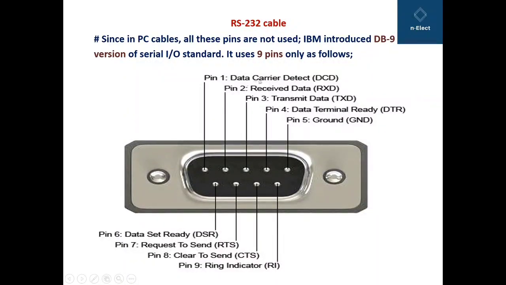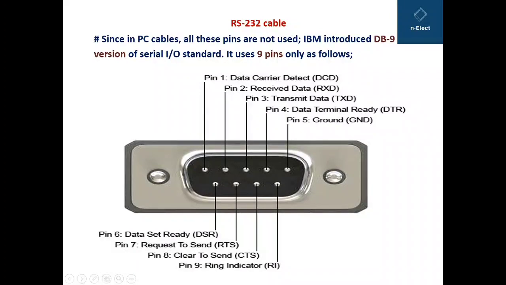Pin 1 is data carrier detect, pin 2 is received data, pin 3 is transmit data, pin 4 is data terminal ready, pin 5 is ground, pin 6 is data set ready, pin 7 is request to send, pin 8 is clear to send, and pin 9 is ring indicator.